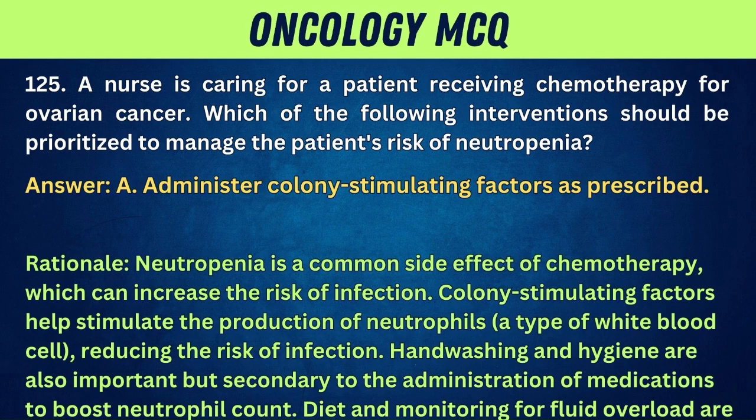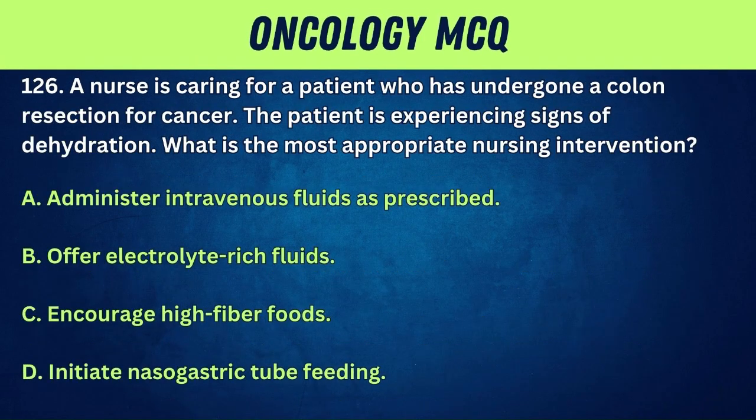Rationale: Neutropenia is a common side effect of chemotherapy, which can increase the risk of infection. Colony-stimulating factors help stimulate the production of neutrophils, a type of white blood cell, reducing the risk of infection. Hand washing and hygiene are also important, but secondary to the administration of medications to boost neutrophil count. Diet and monitoring for fluid overload are not directly related to managing neutropenia.